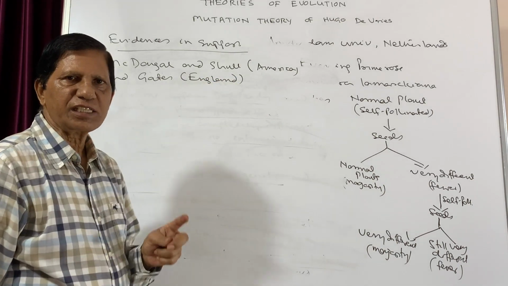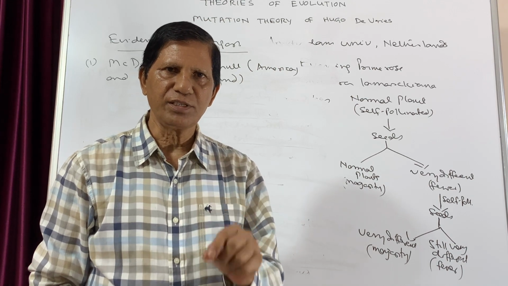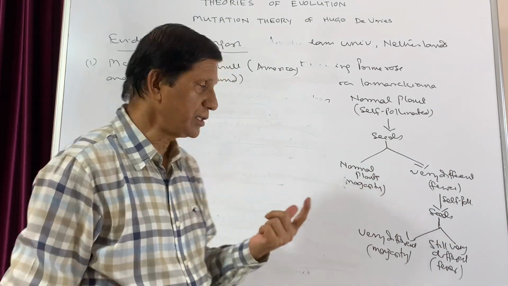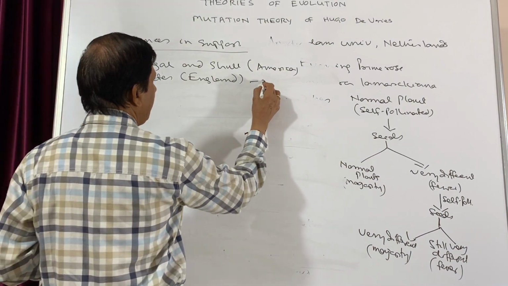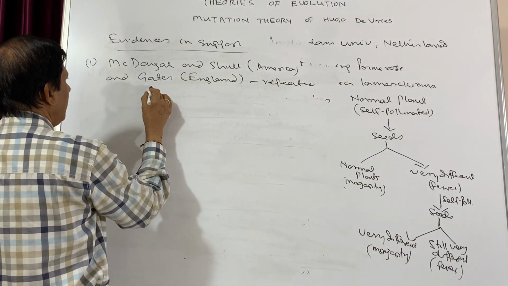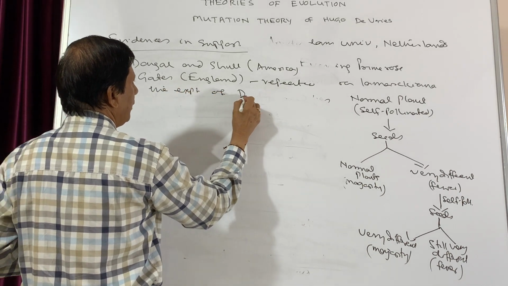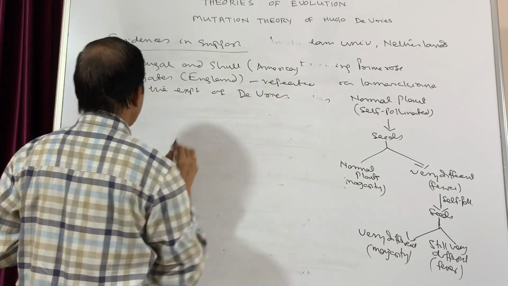They repeated the experiment of de Vries and found that the mutation is actually taking place. So this is very important.